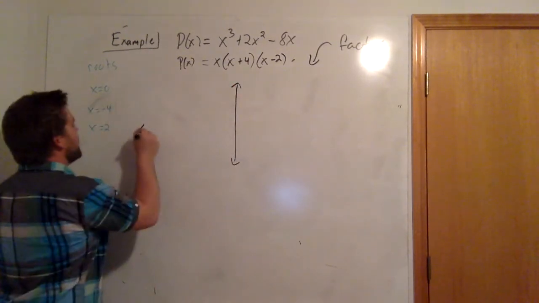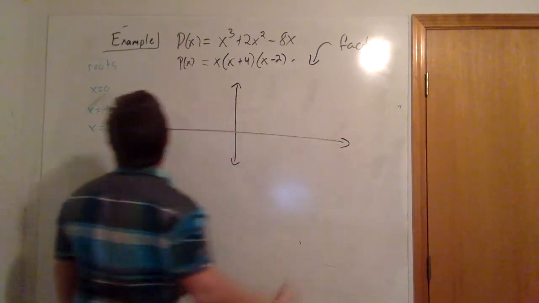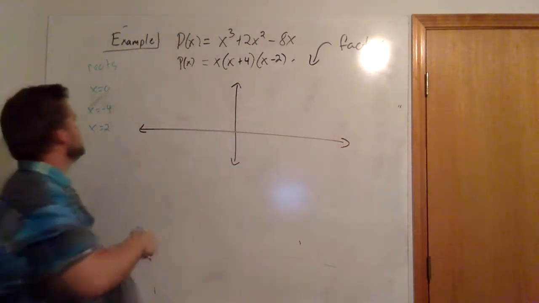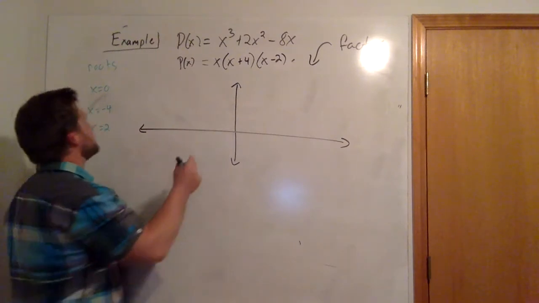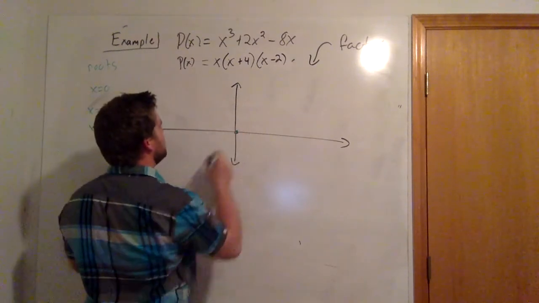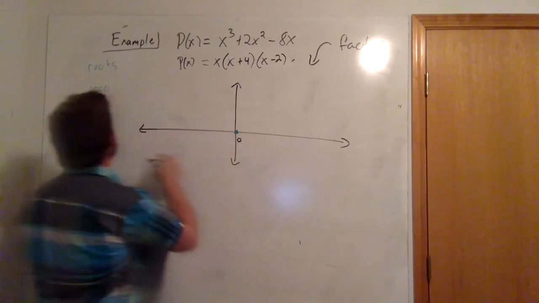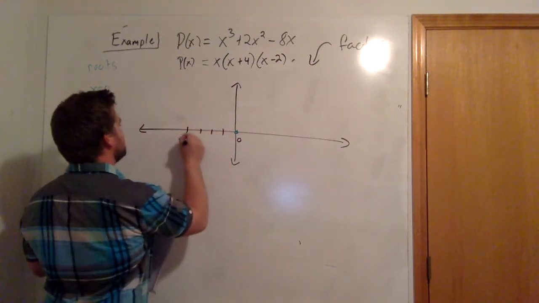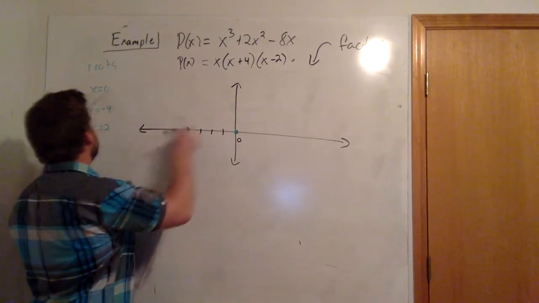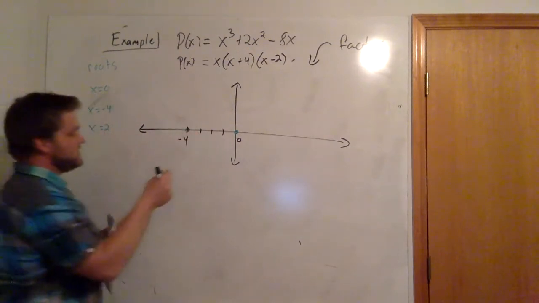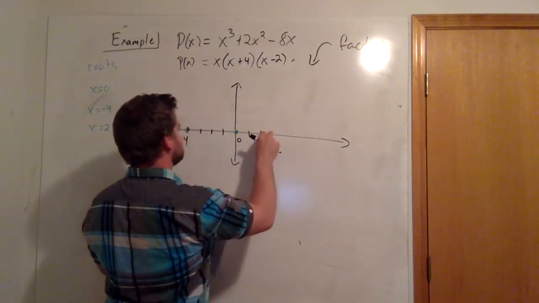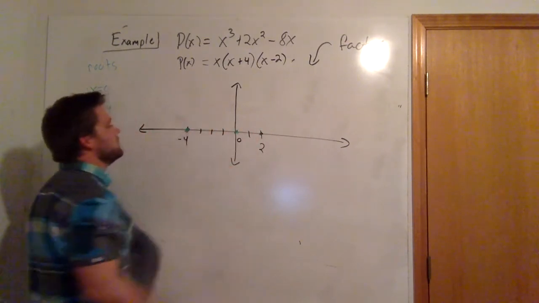We know that the graph has to hit these x values. So I know the graph is going to cross, or it's going to hit the x-axis at 0. It's going to hit the x-axis at -4. And it's also going to hit the x-axis at 2. So that's what I know so far.